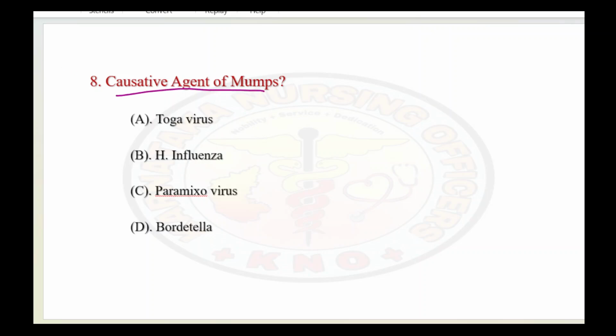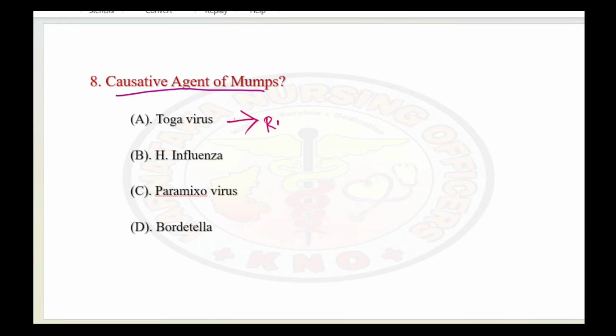Causative agent of mumps. So first they have given you options like Toga virus, and H influenza, Haemophilus influenza. Third is paramyxovirus, and fourth is Bordetella. Let's see what is caused by Toga virus.